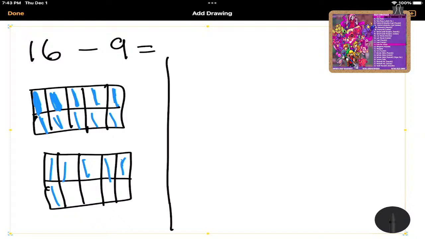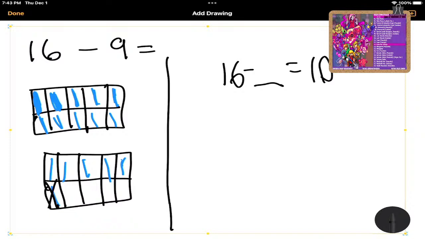Write it over here so you have space. So the first equation is 16 minus blank equals 10. How many do you have to scratch off? 9.